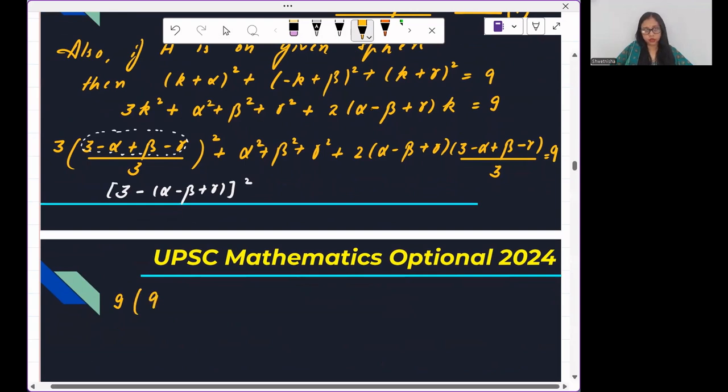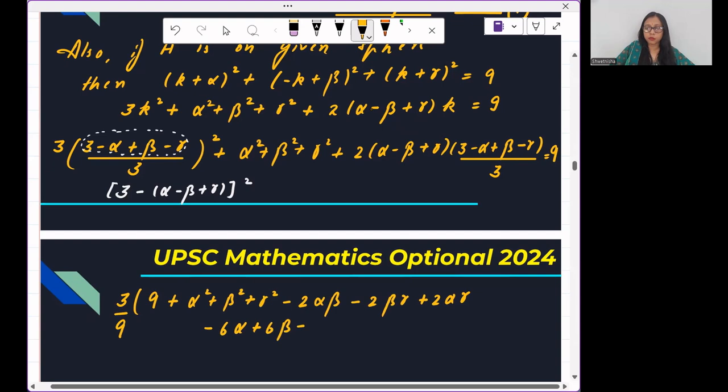9 by 9 is outside, and this is 9 plus alpha square plus beta square plus gamma square minus 2 alpha beta, minus 2 beta gamma and plus 2 alpha gamma, and then minus 6 alpha plus 6 beta minus 6 gamma.